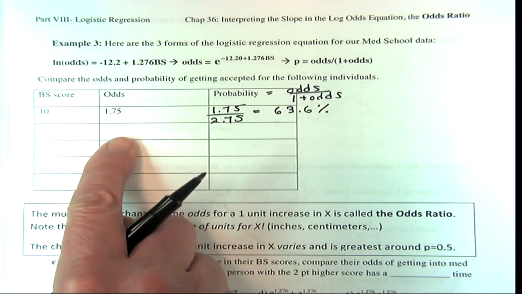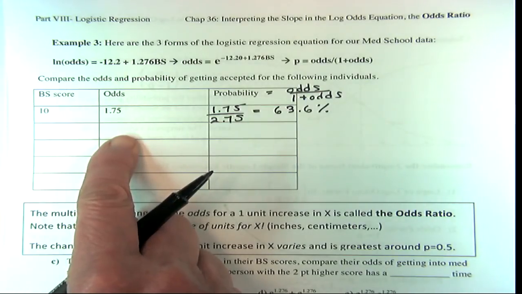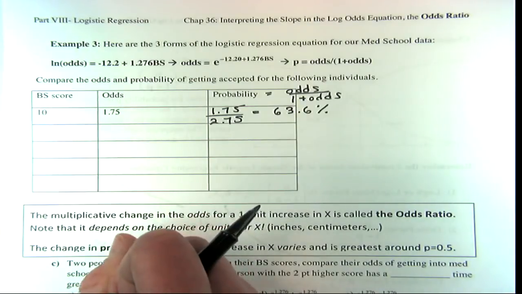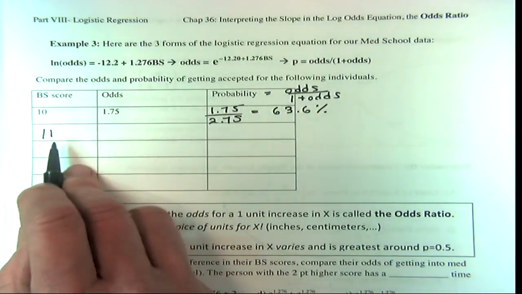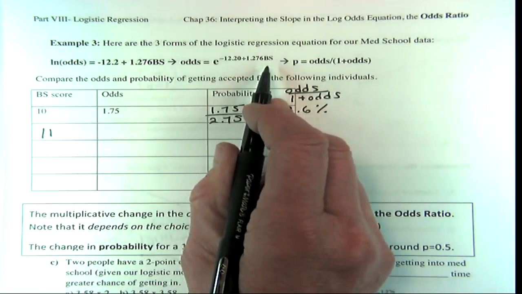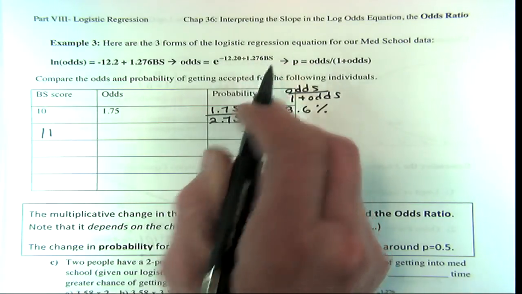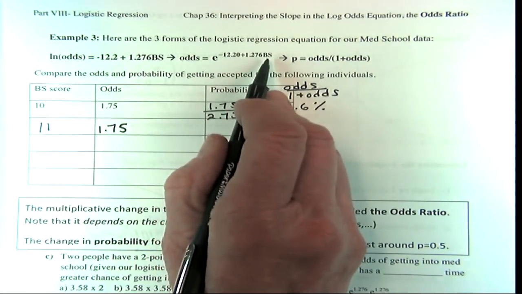All right, so now let's say we went up 1 point. Now we could do it from scratch. We could put an 11 in there. But you see how if you just went up by comparing that to 10, it's just taking this 1.75, right?